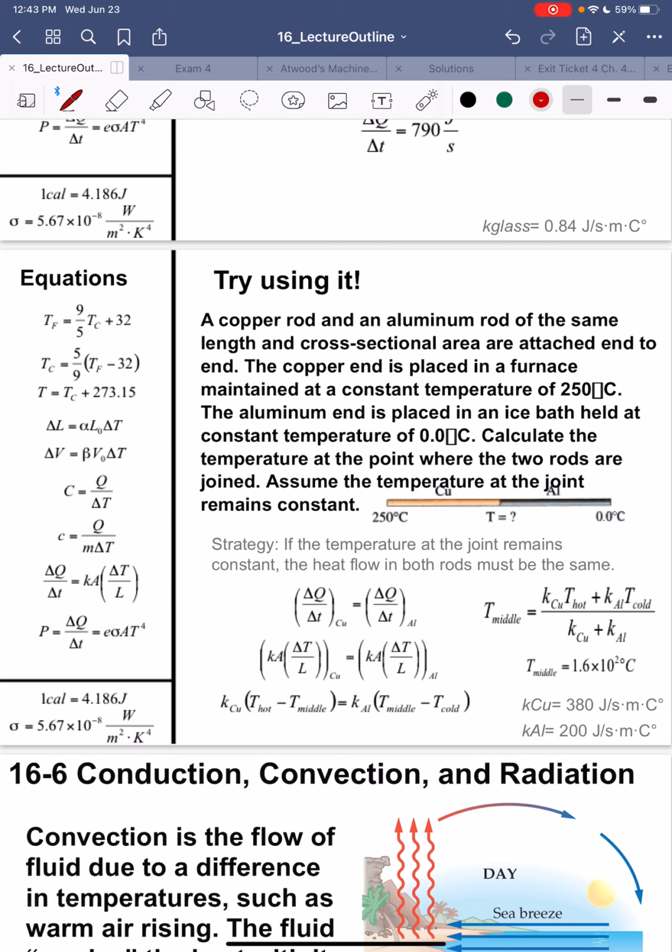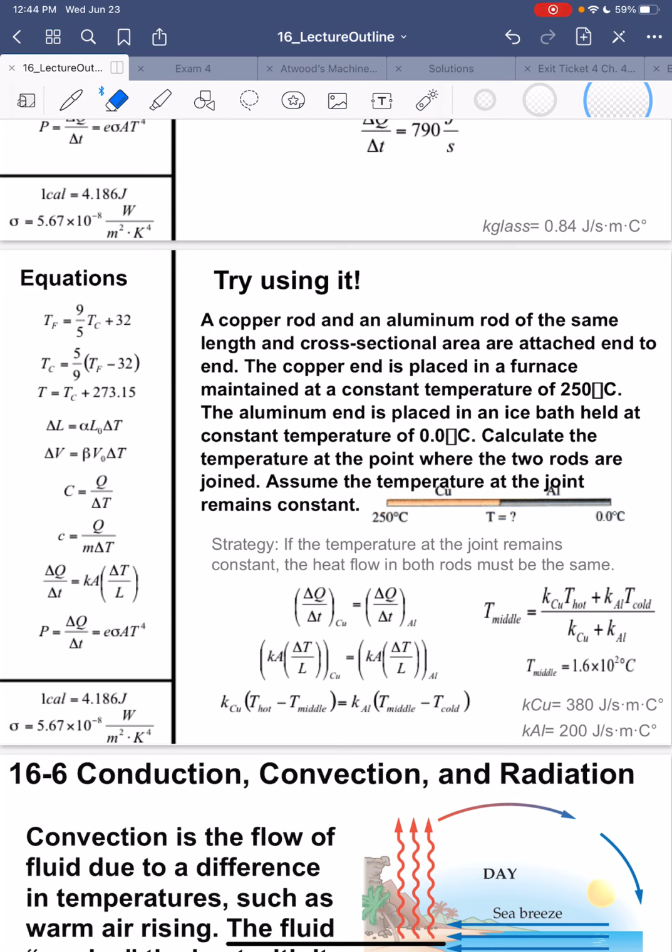Of course, if the temperature at the joint is gonna stay constant, this means that the heat flow in the two rods should stay the same. And then we will put the two equations together, and we know that the L is gonna cancel, the area is gonna cancel because they are the same.